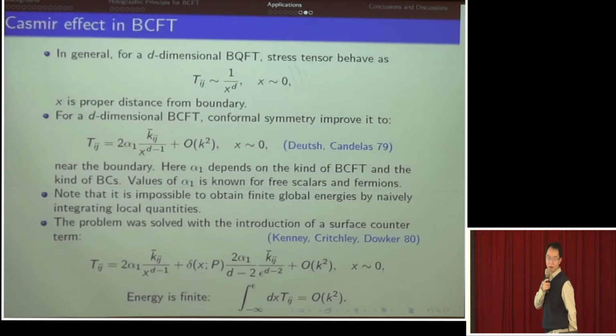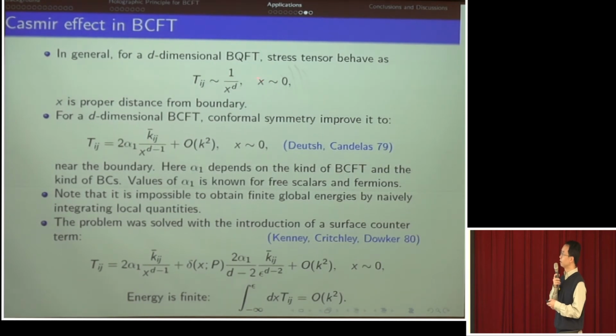The final thing I want to talk about here is the Casimir effect. Normally, how do we describe the Casimir effect? We need to talk about the energy, the energy momentum tensor. So we need to know basically the behavior of the energy momentum tensor near the boundary. So x equal to 0 is a boundary. In a general quantum field theory with a boundary, this is the behavior of the energy momentum tensor.